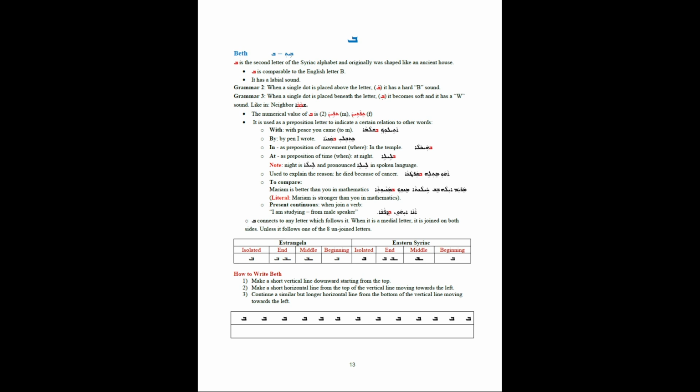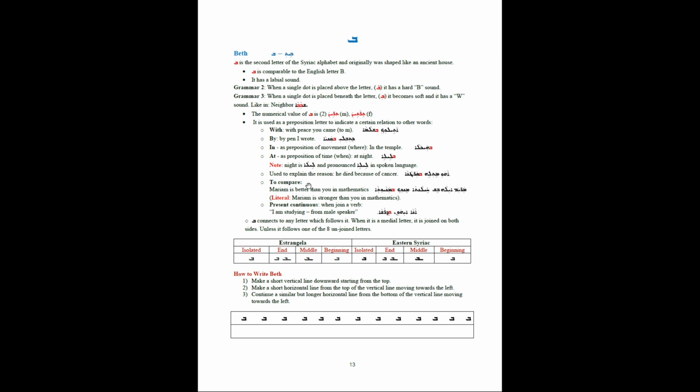It is also used to explain the reason. For example, he died because of cancer. Sartana is cancer, bsartana, of cancer, to explain the reason.